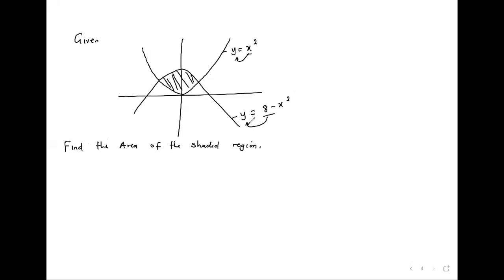So y is equal to itself. You equate x squared to 8 minus x squared. So you have 2x squared is equal to 8. Divide by 2, so you get x squared is equal to 4. So x is plus or minus 2. This means that this is negative 2 and this is positive 2.